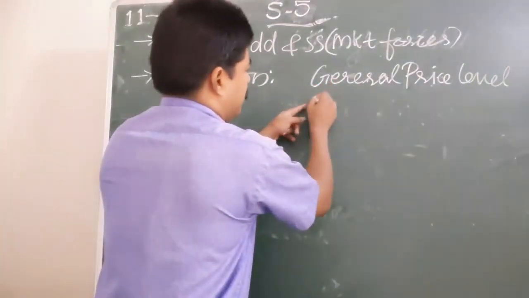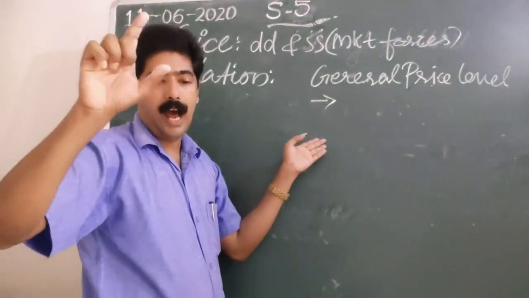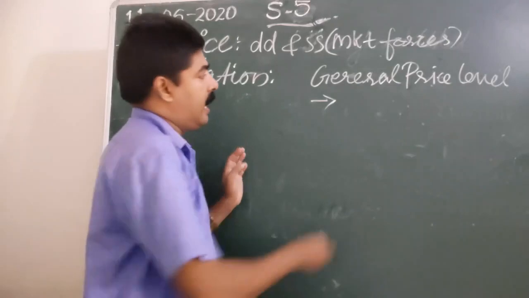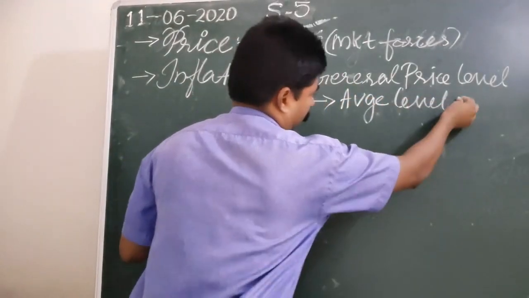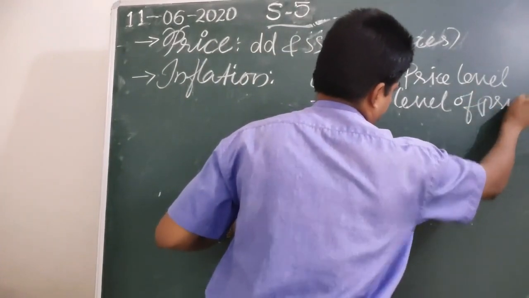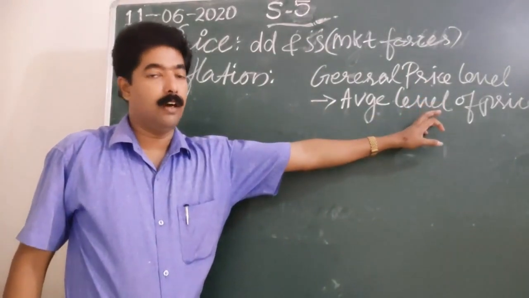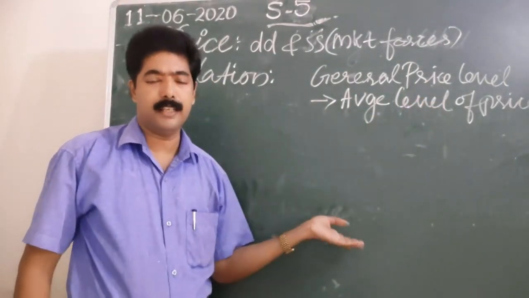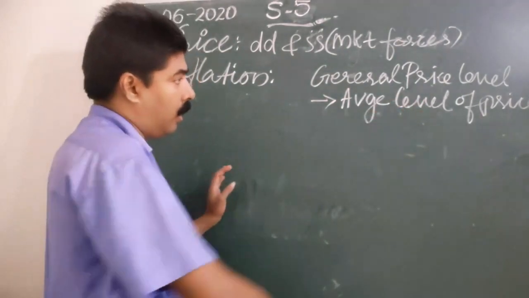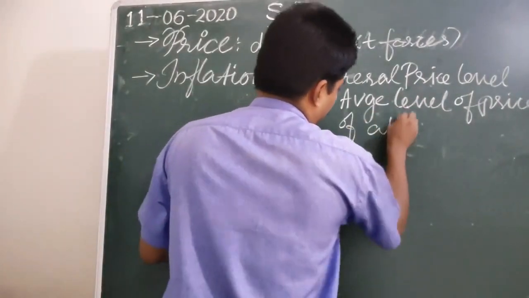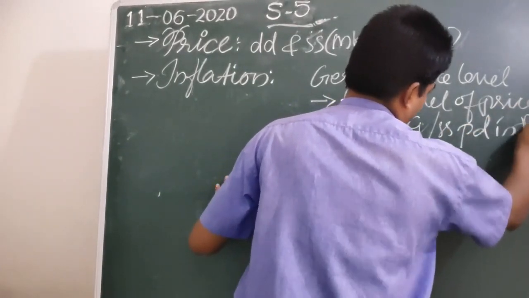So what is meant by general price level? The general price level refers to the average level of prices of all goods and services produced in the economy.